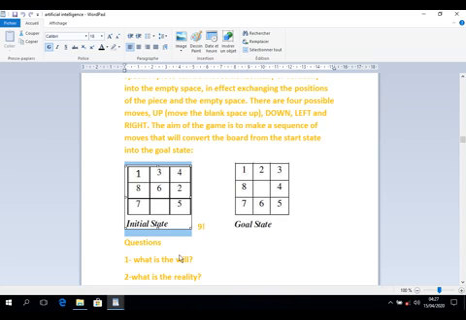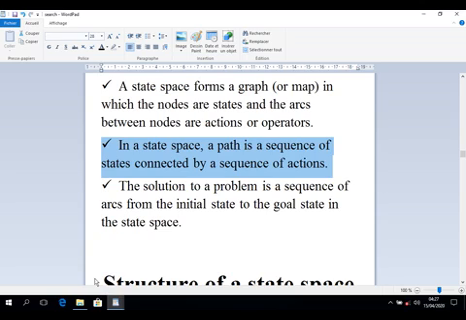So the problem here can be, what is the path from this initial state to this one? From this initial state, what is the very first state that is reachable from this one?